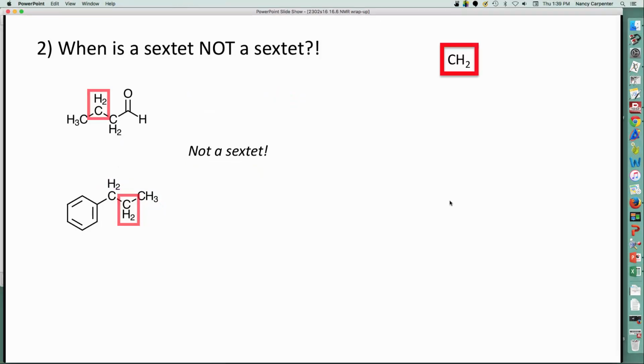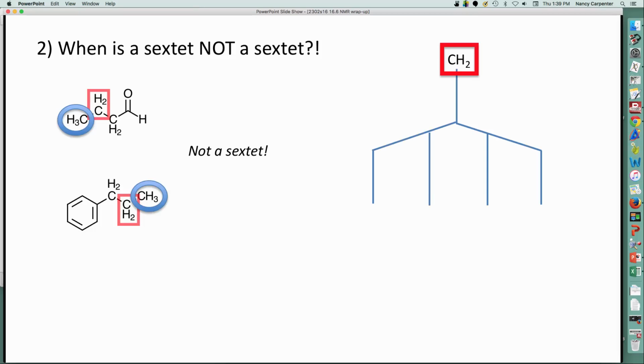So what's going on? Well, let's look at one of these CH2 examples. We'll construct a tree diagram. So the first thing I'm going to do is look at the splitting by the neighboring methyl group. That CH2 has a neighboring methyl, so that will split its signal into a quartet.